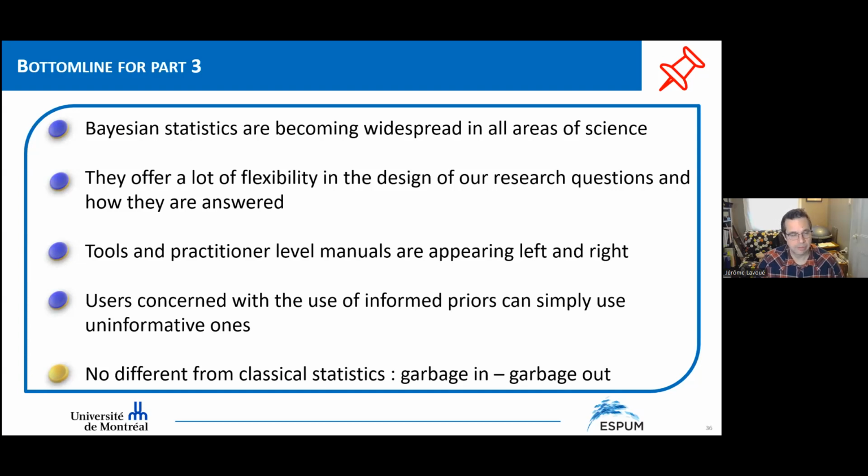It was not the case 10 years ago. And users concerned with the use of informed priors can simply use uninformed priors. And also, it's not a magic wand. We still need to be very careful in how we create our priors and how we collect the data we want to interpret.